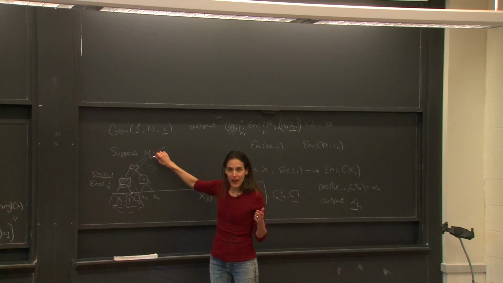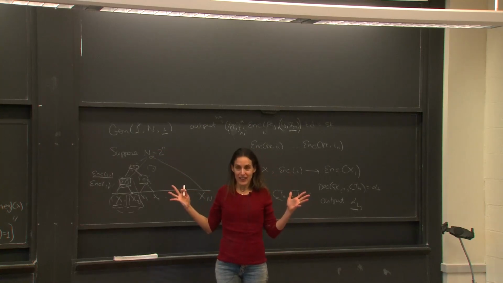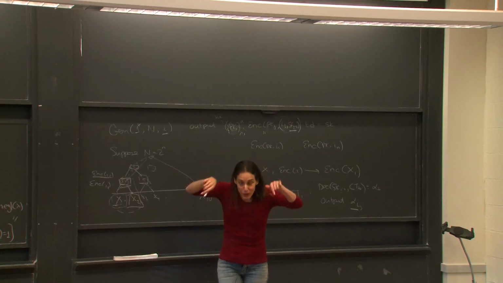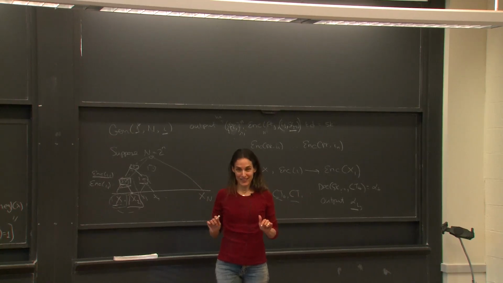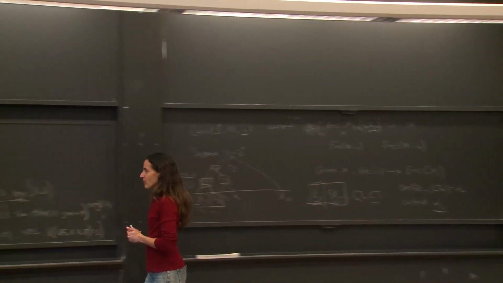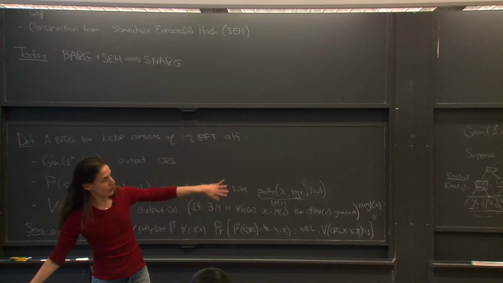But if you decrypt, these values correspond to a ciphertext. As values, they look very different, but if you decrypt, you will get the same bit, which is X1.